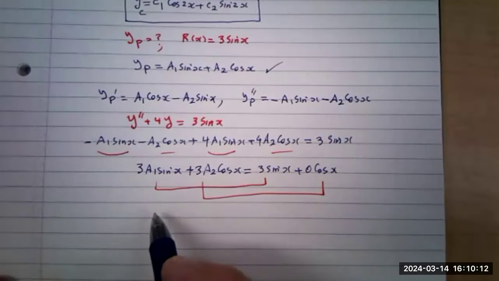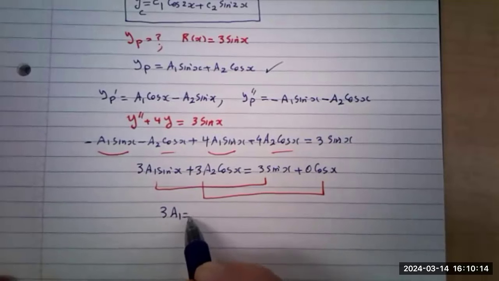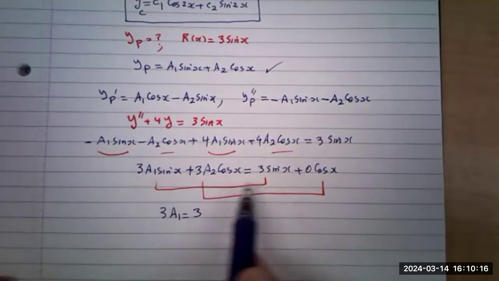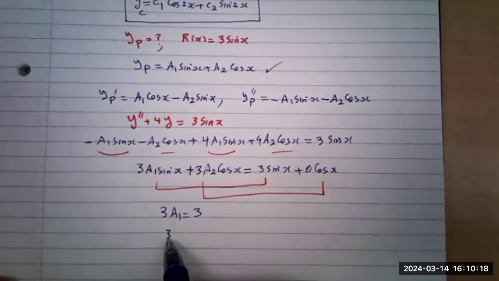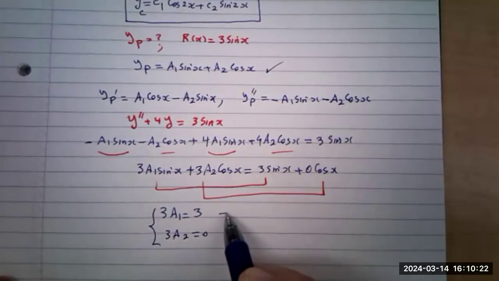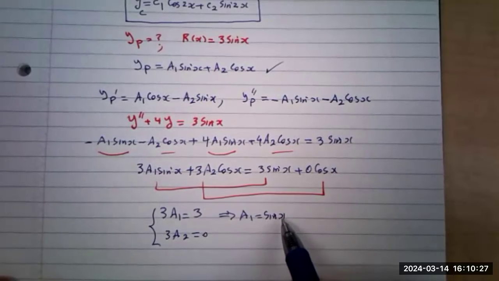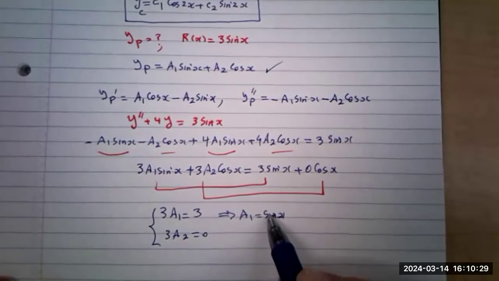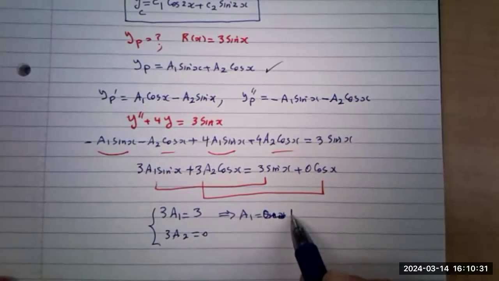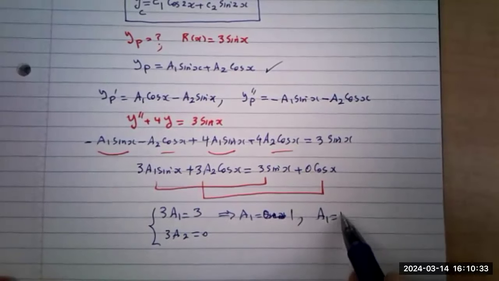So from the first one, that gives you 3a1 equal to 3. Okay, that's the first one. And from the second one, we get 3a2 equal to 0. So the first one gives you a1 equal to 1. Okay, a1 equal to 1.